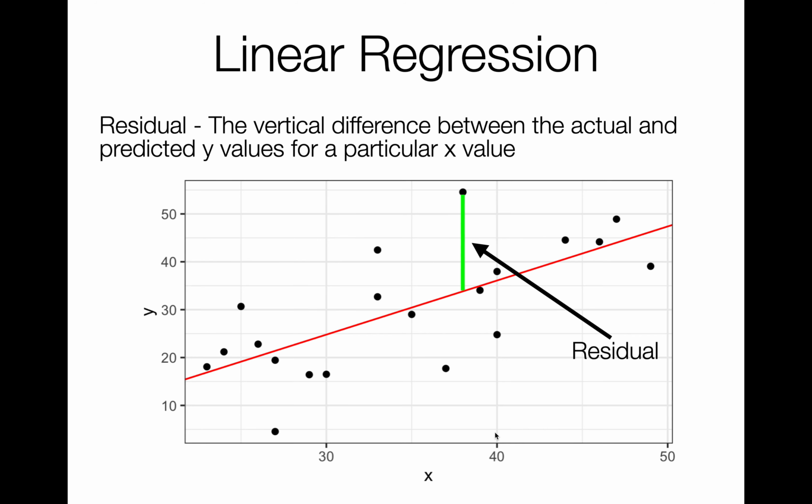To do that, I need to define something called a residual. A residual is the vertical difference between the actual point and the predicted point for a particular x value.